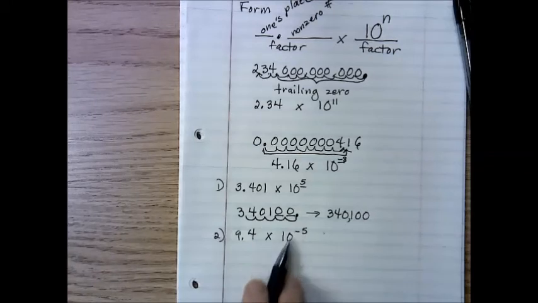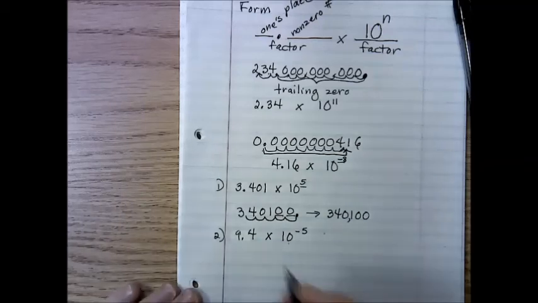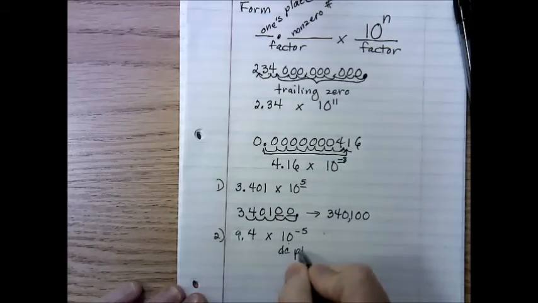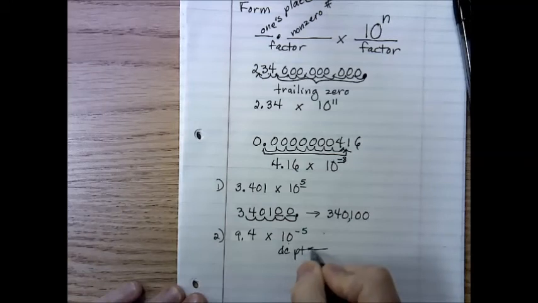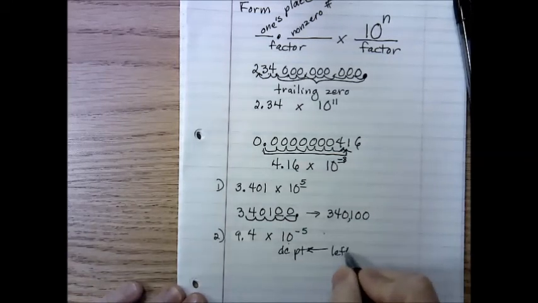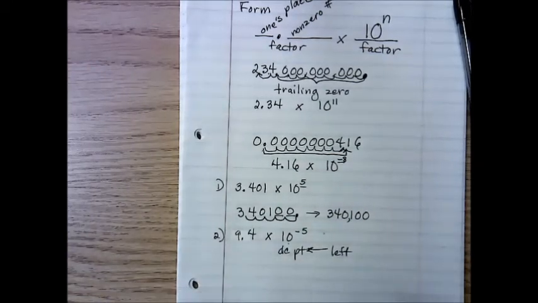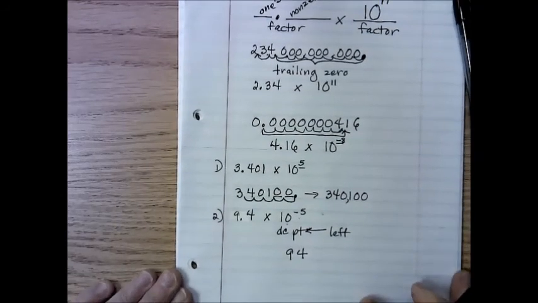So this negative 5 means I'm taking this number and multiplying it by a small number. So that means the decimal point is going to have to go to the left to make the number smaller. So I'm going to put my 9 and my 4 down here. The negative 5 tells me I'm moving the decimal point 5 places to the left.